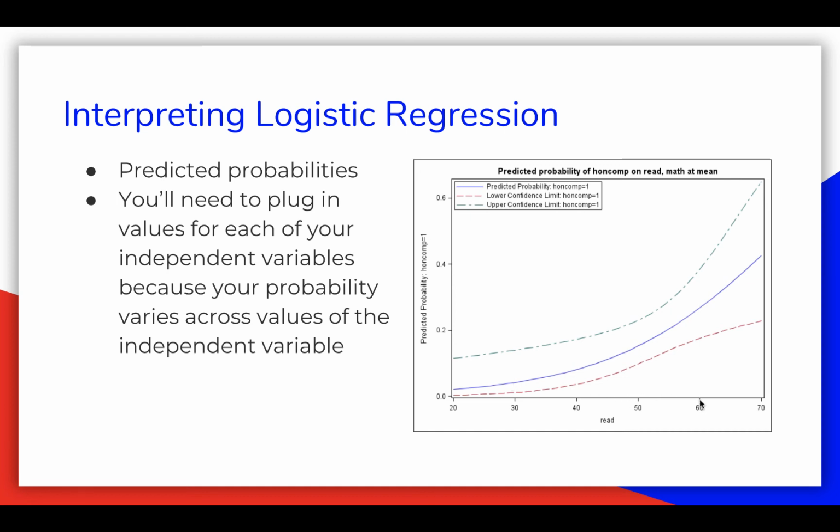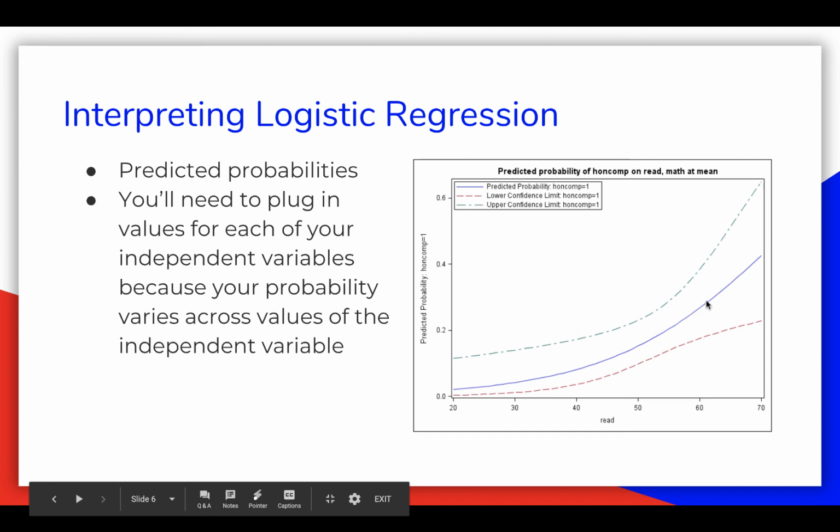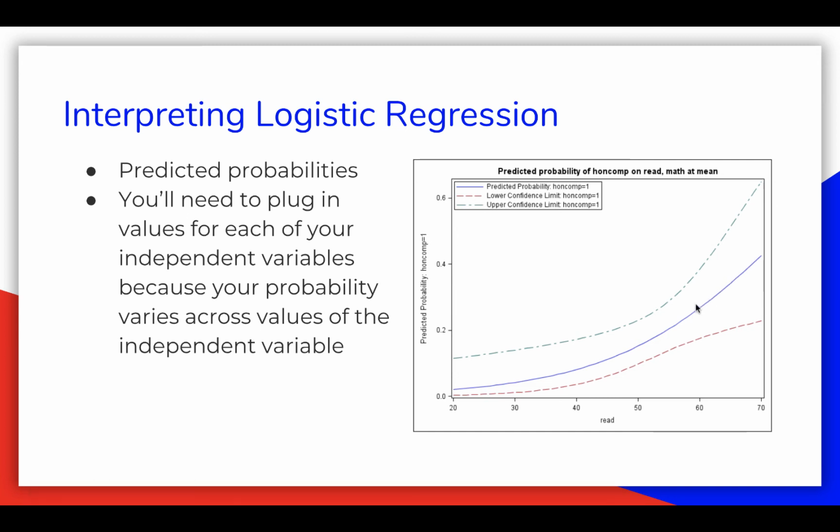But up here, moving from 60 to 70, it's the same unit increase in minutes of reading, but you're seeing a much steeper slope. So all that we're going to do in the lab is plug in numbers, and it's going to spit out predicted probabilities, and we'll just interpret those. So let's pop over to the lab.